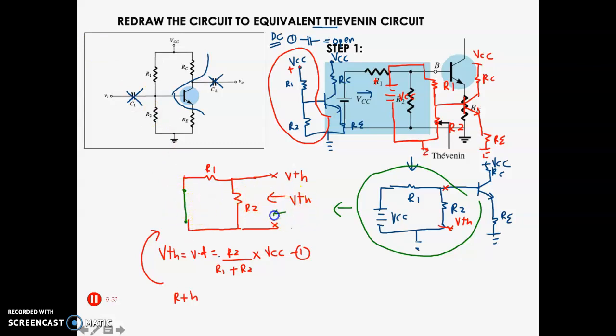So what is the value of RTH looking from here? Your RTH will be equal to R2 parallel to R1. So the formula for your VTH is R2 divided by R1 plus R2 multiplied by VCC, and your RTH will be R1 parallel to R2.